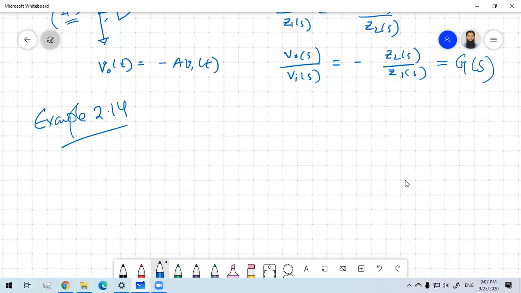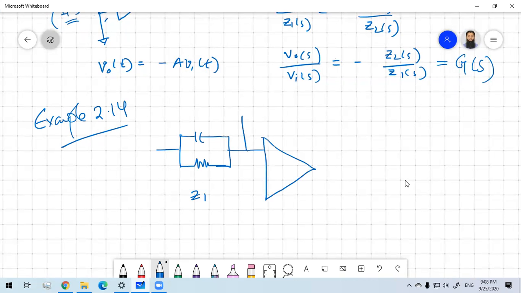2.14. So you have one parallel network here, one capacitor and one resistor, as a Z1. So the whole thing is actually Z1. Then you have, say, this is your op-amp. In the feedback you have a series network, one resistance and one capacitor.